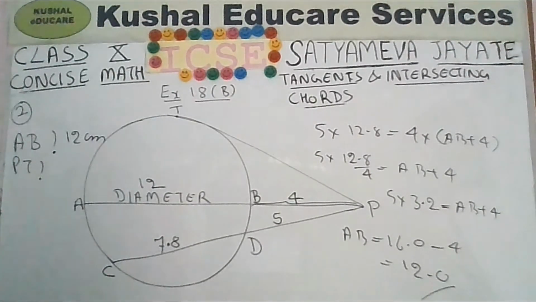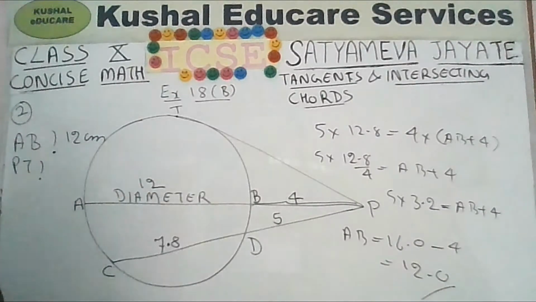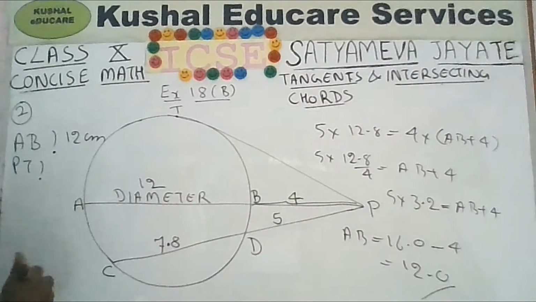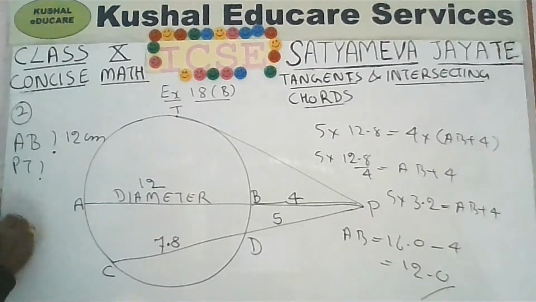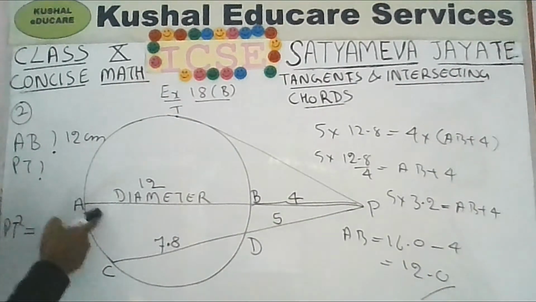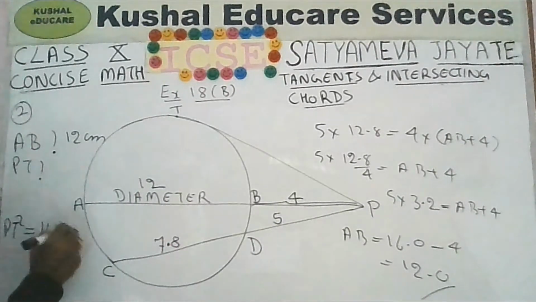So next you can use the theorem that the square of the tangent, PT square, will be equal to PB into PA. Okay, so this is a direct application of the theorem that we have studied just now. PT square will be equal to PA, PA will be 12 plus 4, 16, into PB. PB is 4.